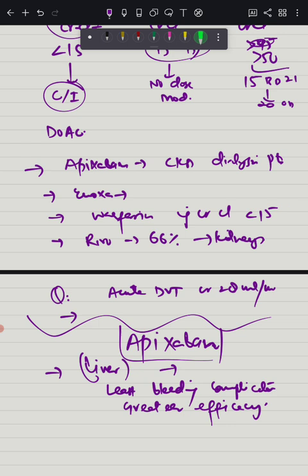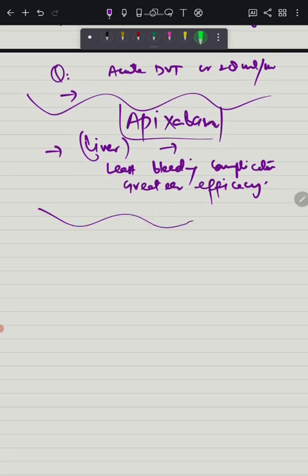Now you know that for apixaban, if creatinine clearance is more than 50, or if creatinine clearance is 30 to 50 and less than 80 years of age and greater or equal to 60 kg, then 5 mg BD is the dose. 5 mg BD for AFib is the dose.